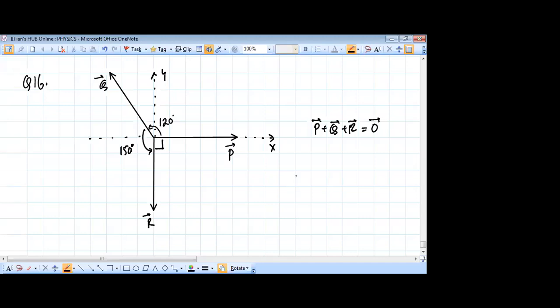Then here in component form you can write P as some magnitude times I cap.